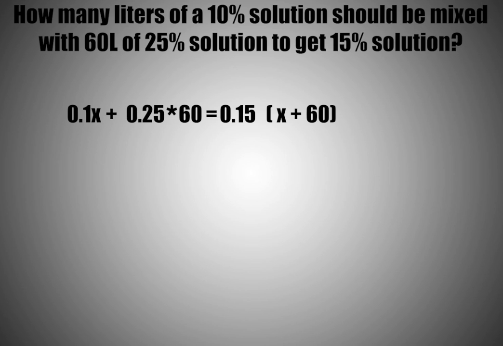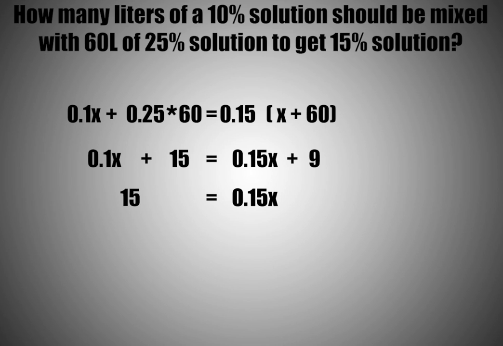And then we will perform the operations. 0.1x remains the same since it has a variable. 0.25 times 60 is 15. And using the distributive property, we distribute 0.15 to the quantity of x plus 60. 0.15 times x is 0.15x, plus 0.15 times 60 is 9. So we have 0.1x plus 15 is equal to 0.15x plus 9.